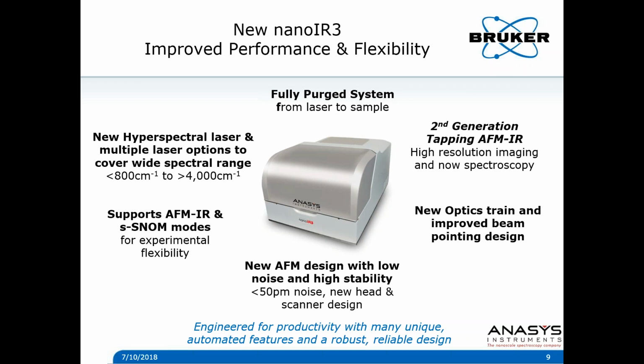We've improved our optics train and our beam pointing design, and improved the density of the IR beam underneath the probe, all leading to improved signal to noise. We've also done a significant redesign on the AFM, so we've reduced the noise to 50 picometers. In an acoustic enclosure, it can actually go lower. This is down to a new head and scanner design that we've incorporated into the system, and reducing AFM noise directly correlates to improved IR signal to noise.